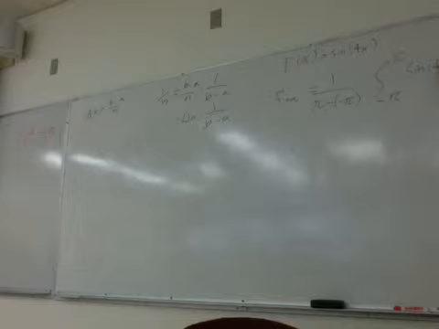In order to integrate this, we're going to need substitution, since we've got sine 4x, not just sine x. We pick u equals 4x, so du is 4 dx, so du over 4 is dx.